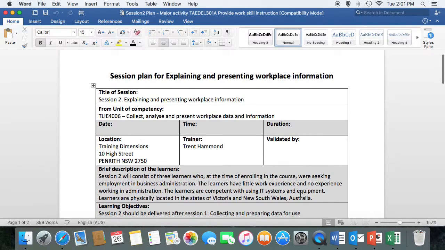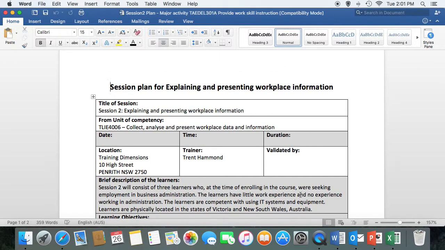So we are doing session 2 now, and this one I called explaining and presenting workplace information. The previous session was all about identifying data and collecting data. Now we're going to go about explaining it and presenting it in logical formats that people in your organisation can understand and interpret.